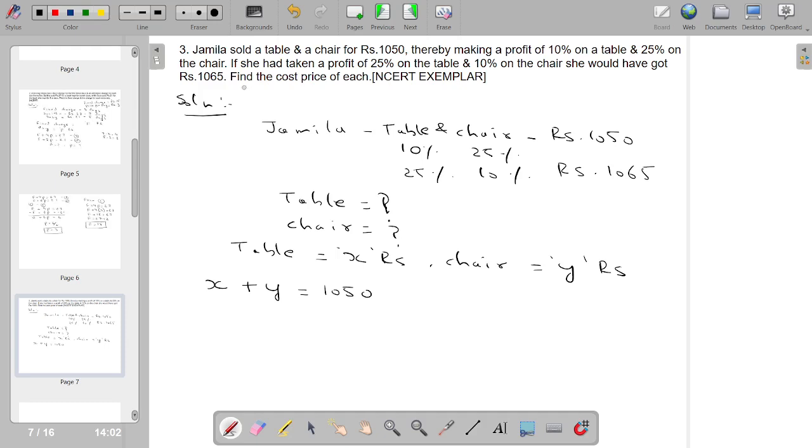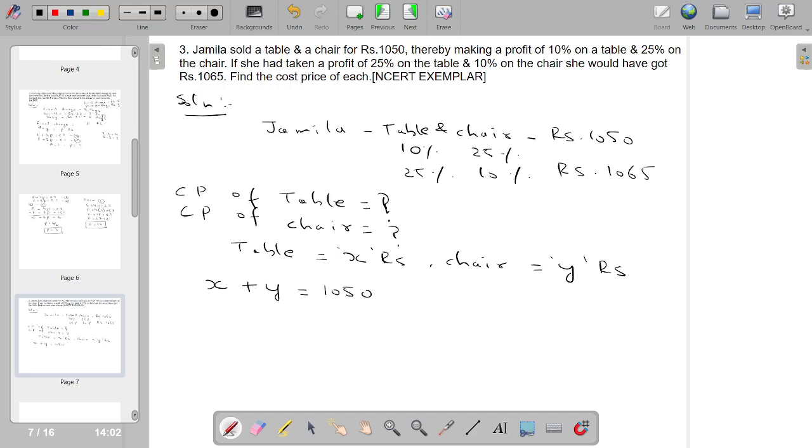Actually, in the problem they are asking for the cost price of each, the cost price of the table and the cost price of the chair. Cost price means the original price of the table and chair, not the price after the profit has been made.